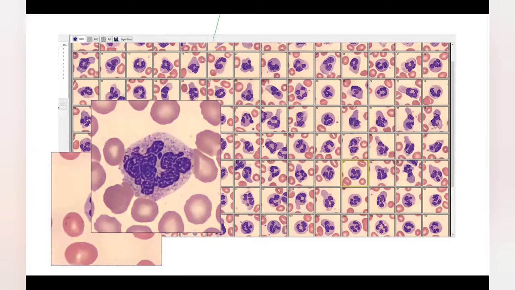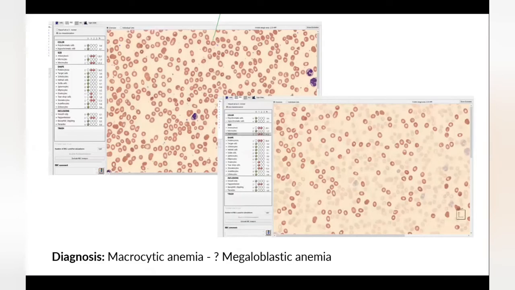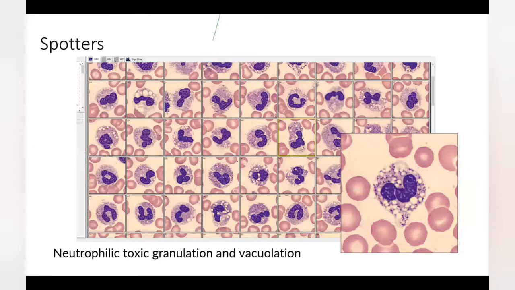Here there is hypersegmented neutrophils, which is helping us with the identification and a diagnosis of macrocytic or megaloblastic anemia, possible megaloblastic anemia that can be reported by viewing it. And it also gives us a gradation or a grade of the level of macrocytosis or the size variation that there are in the RBCs.